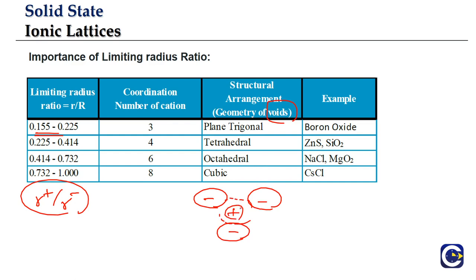And this void is going to be taken by the cations. This happens in compounds like boron oxide. And as we can see here, in this case, the coordination number will be 3.